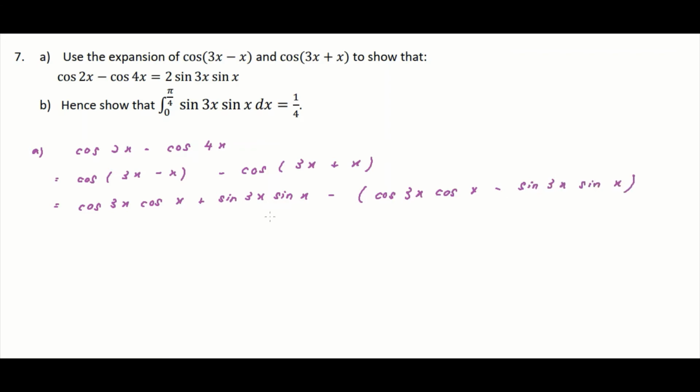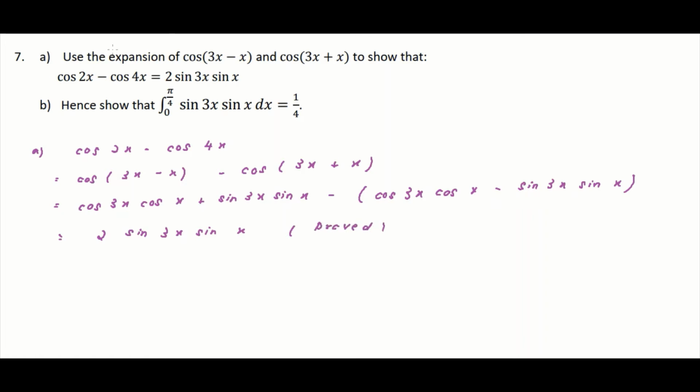Okay, so cos 3x cos x minus cos 3x cos x, you get 0. For the sine, you will get 2 sine 3x sine x. Okay, so proved. If you want, you can just write it down.